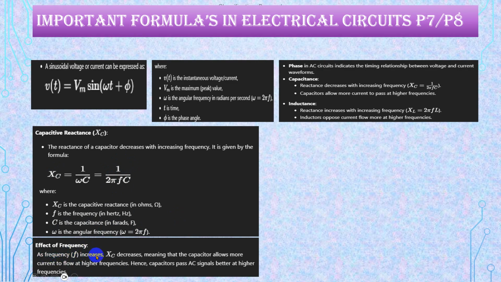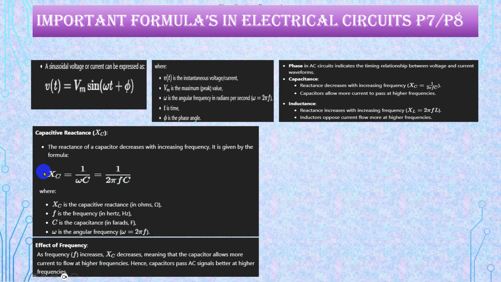Same effect of frequency. As frequency increases, Xc decreases. It is inversely proportional, meaning the capacitor allows more current to flow at higher frequencies.